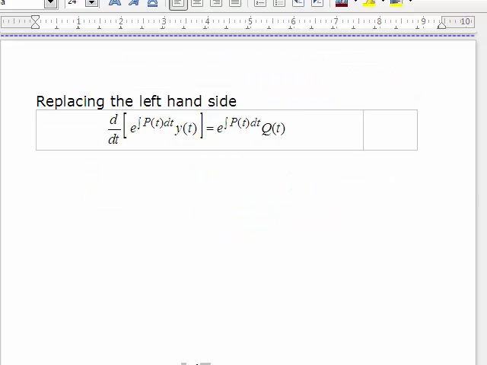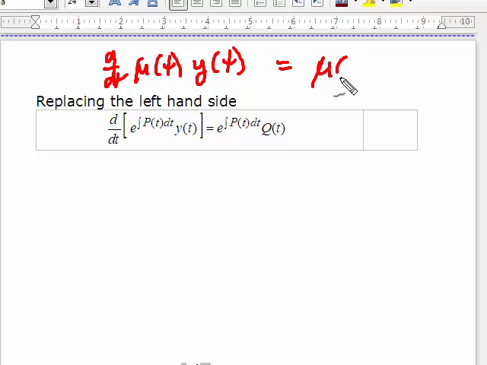Okay, so I've written it again right here, typed it up so that you can see it. Here's that left-hand side all coalesced into that derivative. This is a derivative of the integrating factor times the solution. And it equals the integrating factor again times q of t on the other side.